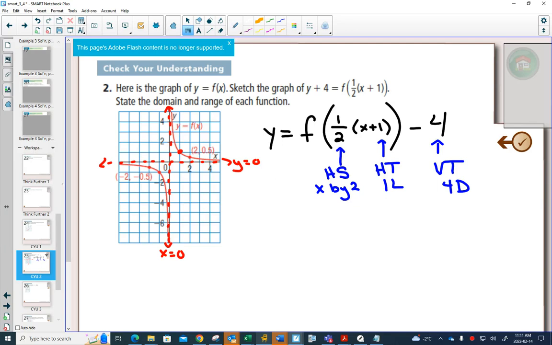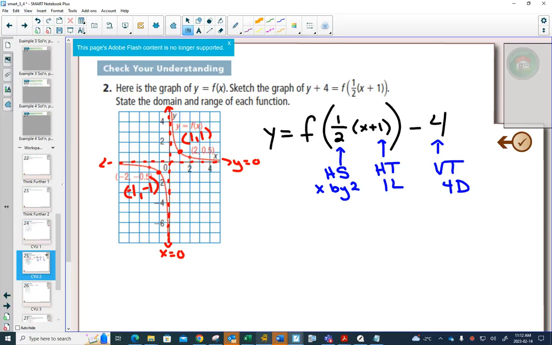They've labeled 2, 0.5 and negative 2, 0.5. I'd like you to label the more typical points that you would do on your reciprocal graph, which are 1, 1 and negative 1, negative 1.